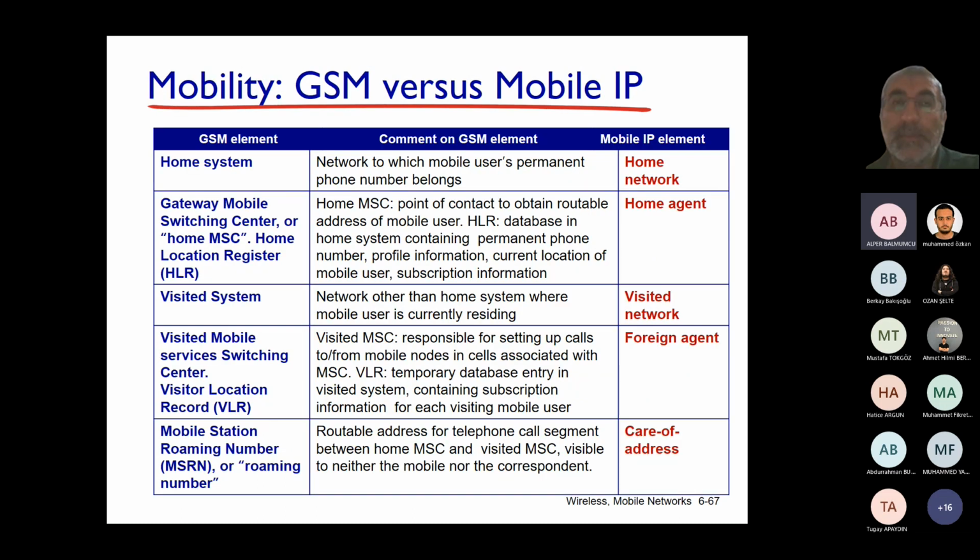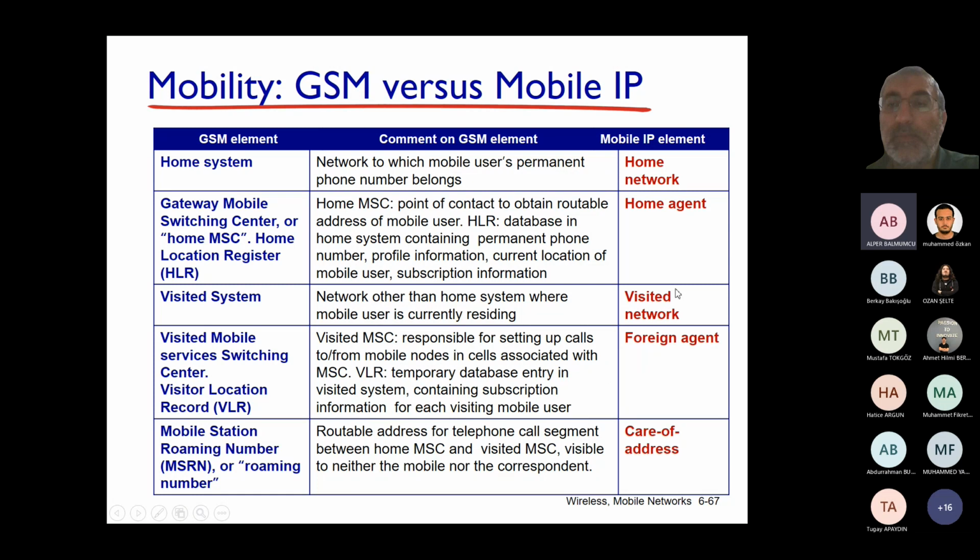Okay, let's look at the elements of mobility in GSM as well as mobile IP. In mobile IP, we call it the home network, and this is called the home system in GSM. In mobile IP, we have the home agent, if you remember, and this is called the home MSC or home HLR database.